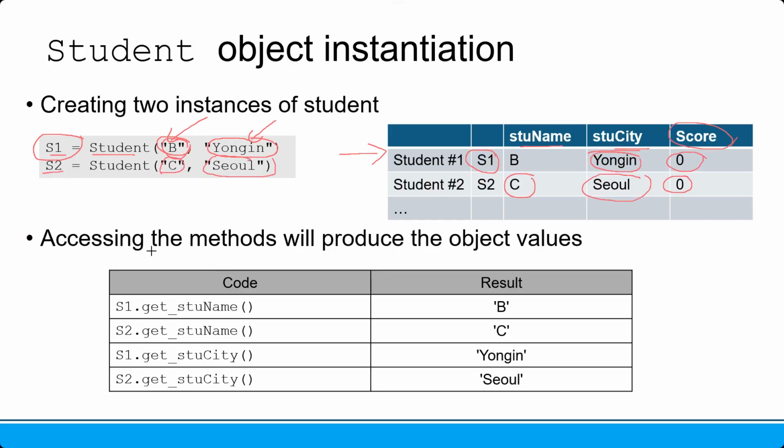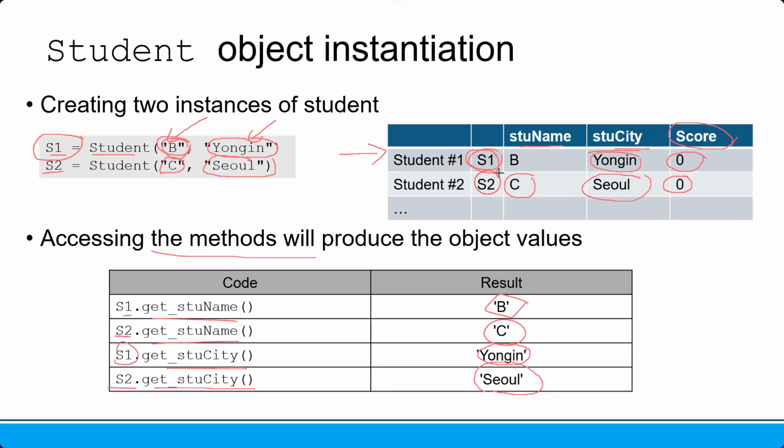If I access the method on S1, get student name, the result will be B. If I access S2, get student name, the result will be C. If I have S1 and I want to get the student city, the result will be Yongin. And if I have S2 get student city, the result will be Seoul. It depends on whether it is S1 or S2.